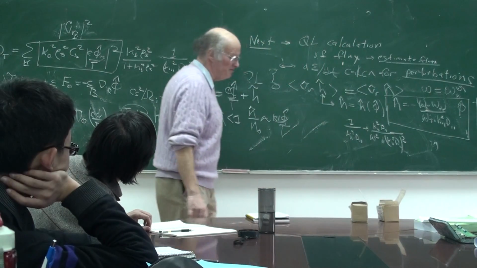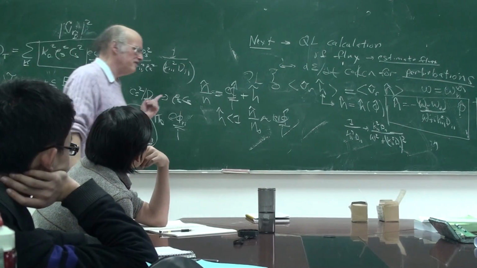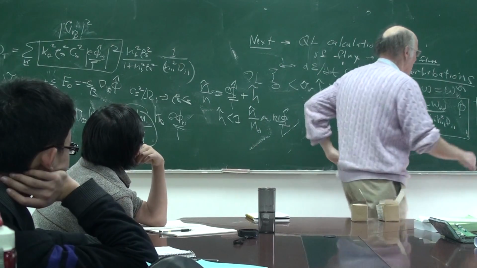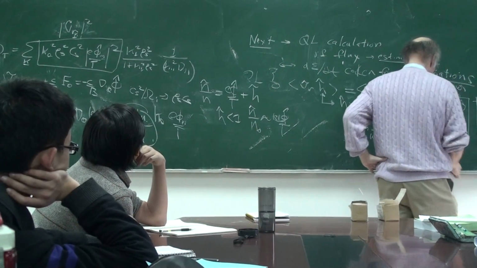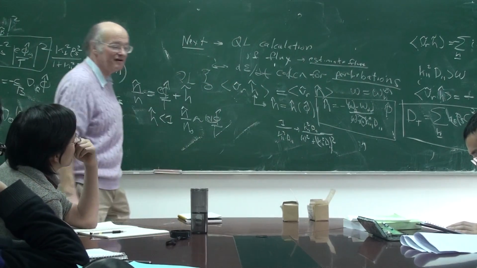So the answer is it wouldn't make much difference at all. Right? And the reason for that is, of course, the diffusivity has to be real. So you have an i here in V radial, and the only other i you have is that. Okay?